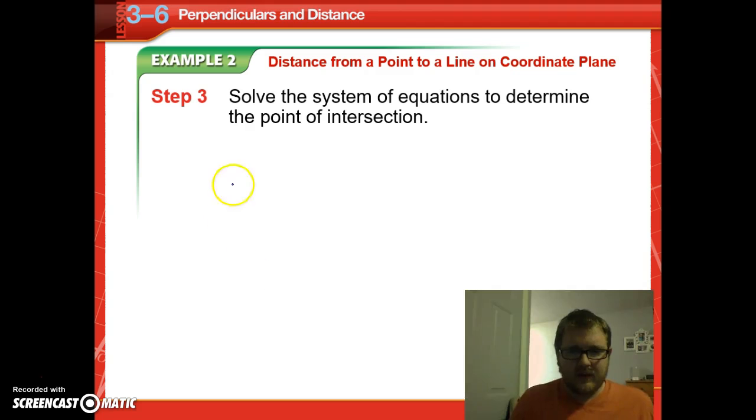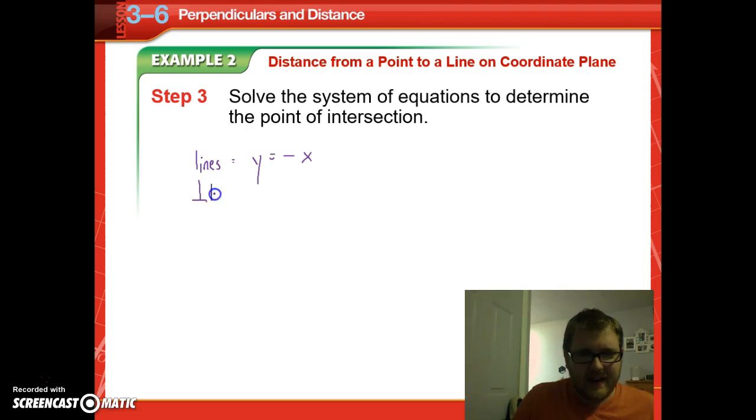Now we want to figure out where line S, which remember was y equals negative x, and our perpendicular line, which was y equals x plus 4, cross. So I'm going to set the two y's equal to each other. We know that y is the same as y, so let's set negative x equal to x plus 4.